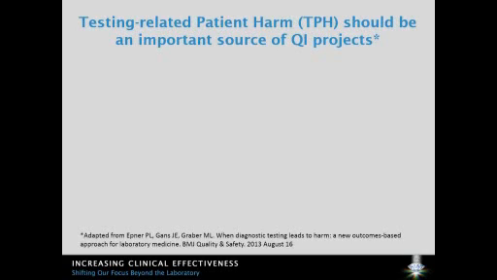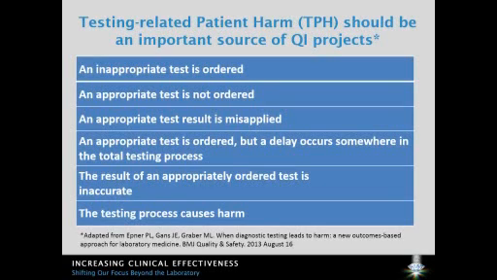I wrote an article a couple of years ago that defines a taxonomy for testing-related patient harm. And my hypothesis that is still standing up after a couple of years is that all patient harm related to testing fits in one of these 6 categories.